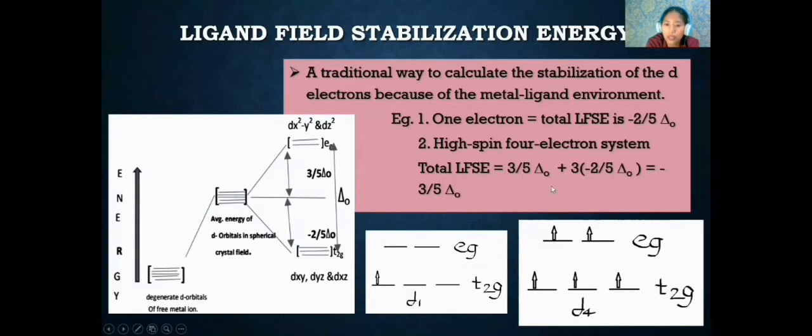So if we remove this 1 electron in the eg, we now have 1 electron in the eg. That is why we have here 3/5 delta O. And then plus 3 times the negative 2/5. We have 3 electrons in the t2g, so we multiply by the negative 2/5 delta O to get the total LFSE of a 4-electron system. So please remove that one electron in the eg.